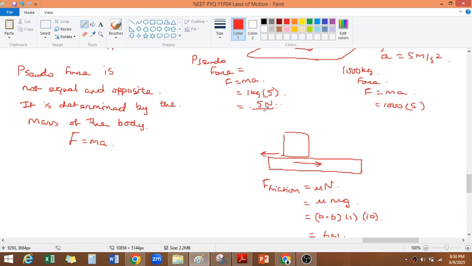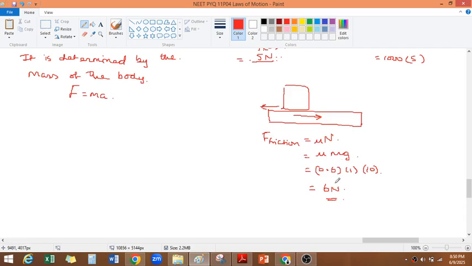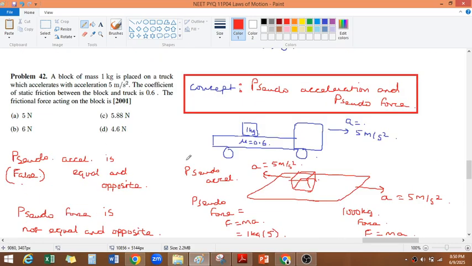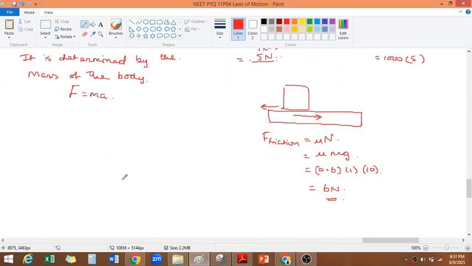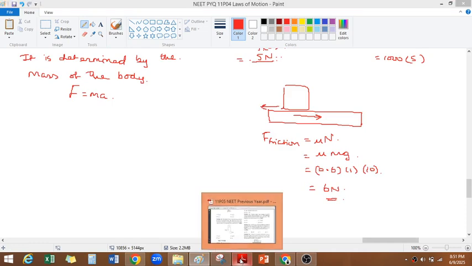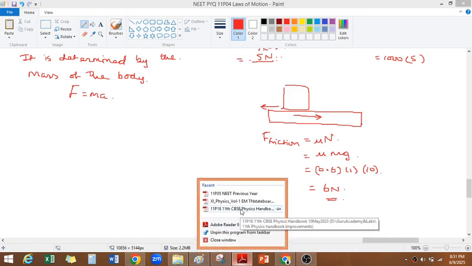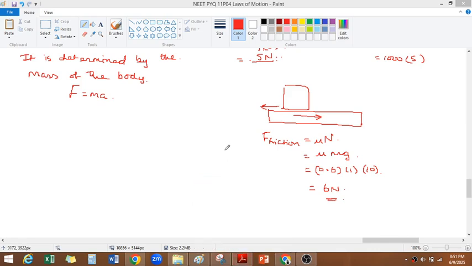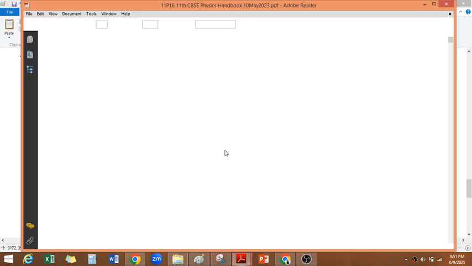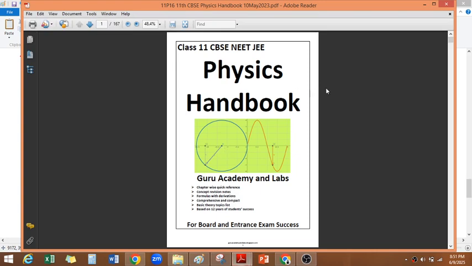In this formula I am getting 5 Newton, in this formula I am getting 6 Newton, and unfortunately they have given both options. So which one should I choose? The answer is there in the handbook. I will show you how to understand this concept. Very, very important.